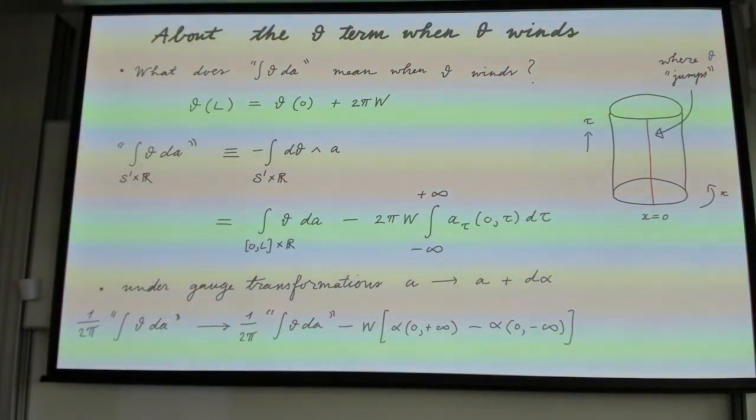So now I want to talk a little bit about what it means for the theta term, for the theta to wind. And so we have to first talk about what this symbol, theta dA, means. It's a little bit subtle, because theta is a circle-valued thing.